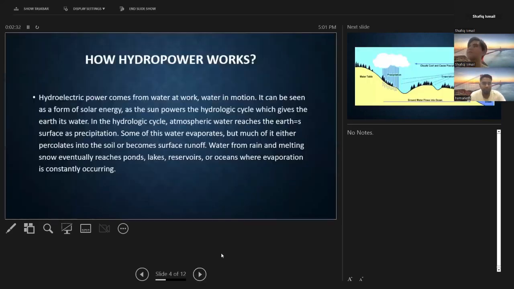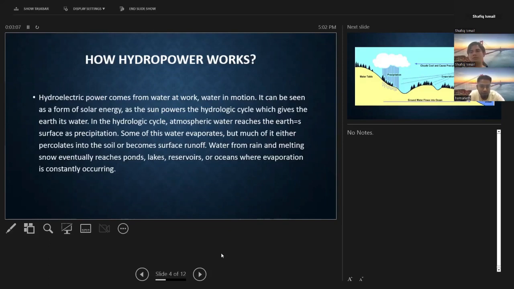The next slide is how hydropower works. Hydroelectric power comes from water at work, in motion. It can be seen as a form of solar energy, as the sun powers the hydrologic cycle, which gives the earth its water. Through the hydraulic cycle and the atmosphere, water reaches the earth's surface as precipitation.